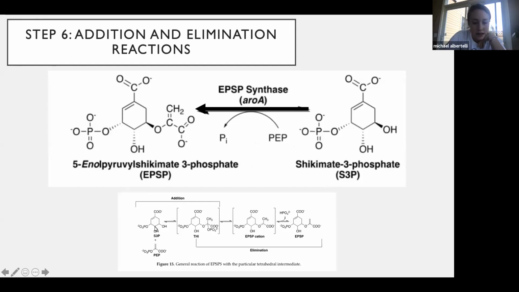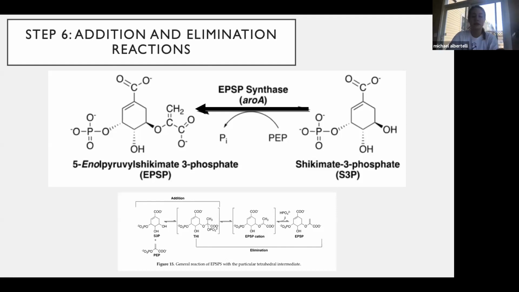And so you can see that the PEP is added to the S3P right here, and then it forms a tetrahedral intermediate. And then the elimination is when the phosphate group is removed from the PEP.